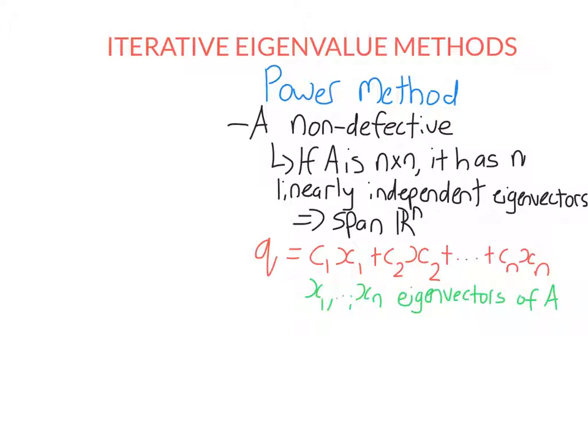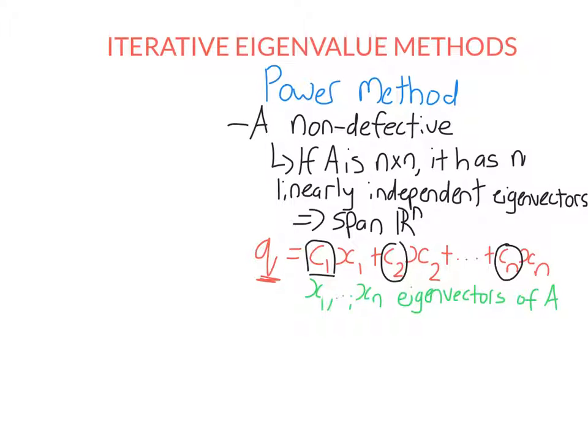If the vector q is non-zero, then at least one, usually quite a few, of these weights c1, c2, all the way up to cn will be non-zero.